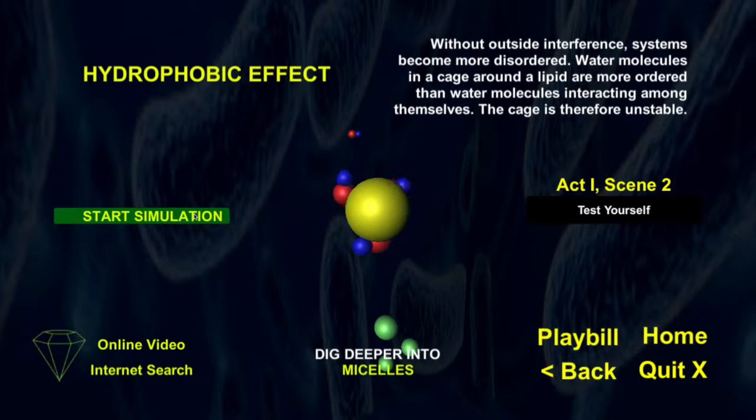In that case, you see the water molecules slide off the lipid and move away from the oil. The bottom line is that water molecules near the lipid interact with other water molecules near the lipid to cause the molecules to slide away from the lipid. This is called the hydrophobic effect.